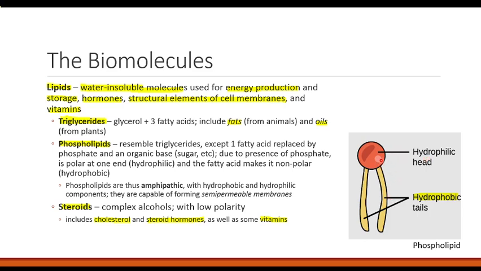What happens here? A hydrophilic head and a hydrophobic tail confer to phospholipids an amphipathic quality. This amphipathic quality enables the phospholipids to make vesicles or compartments in an aqueous solution.